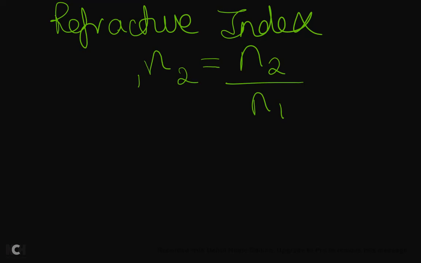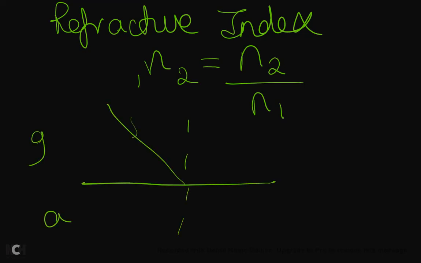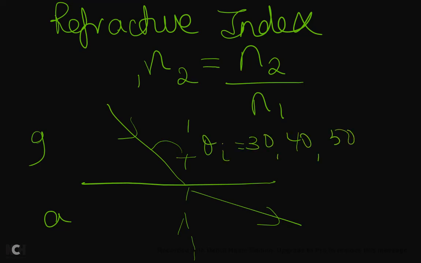What I mean is, let's look at an example. Let's say I have a ray going from glass to air. Based on what I told you, you would expect that ray to bend away from the normal, not so? So let's say I have theta I being angles like 30, 40, 50, 60, and I get whatever I get for theta r.